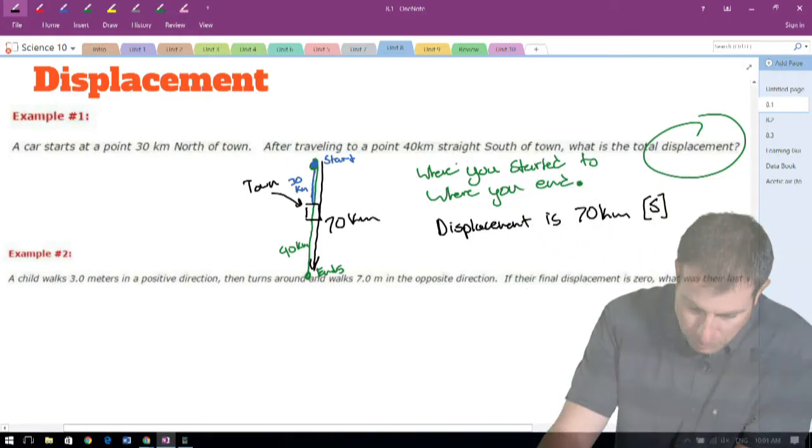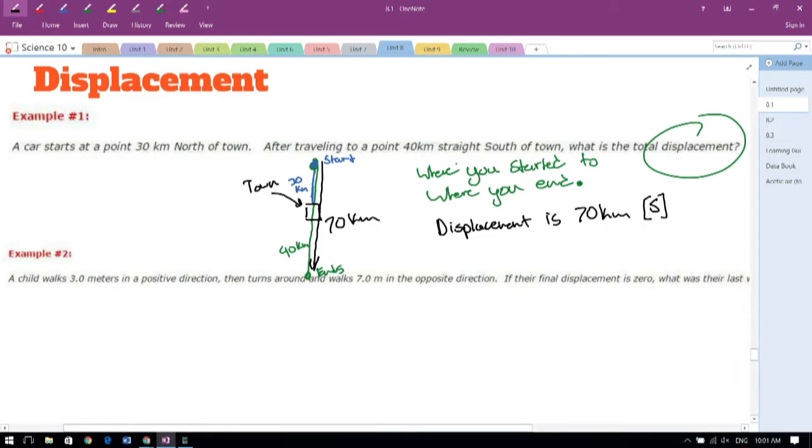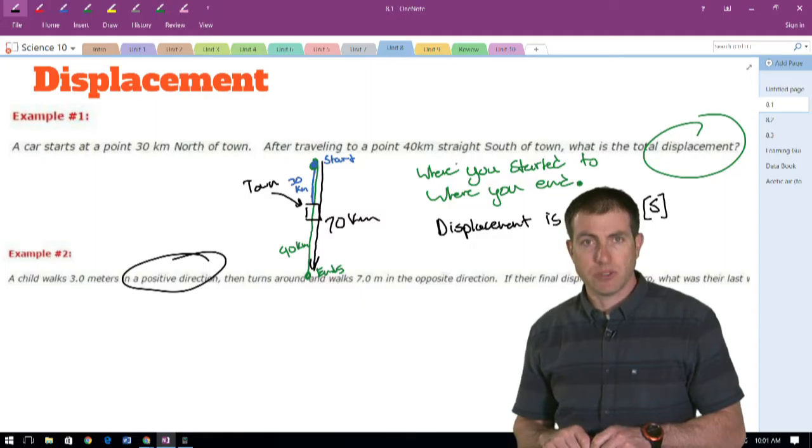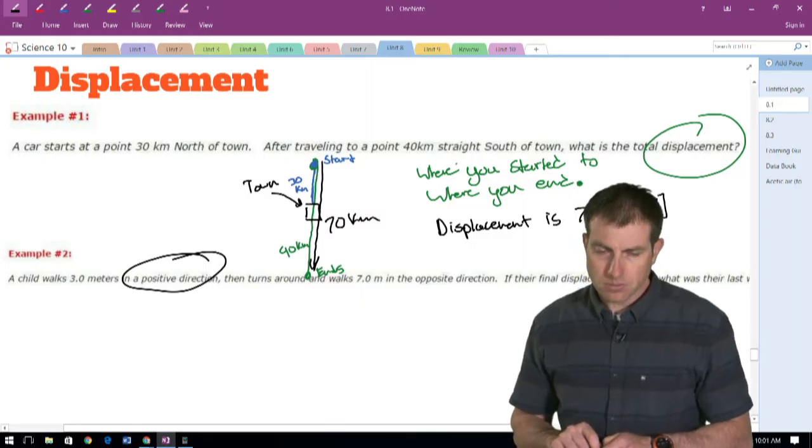A child walks 3 meters in a positive direction. All right, so positive direction. What does it mean by positive direction, and does it matter?